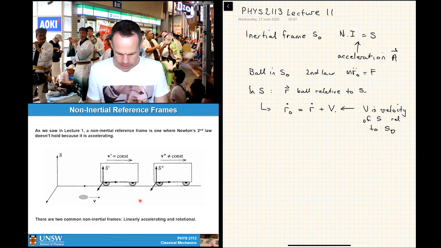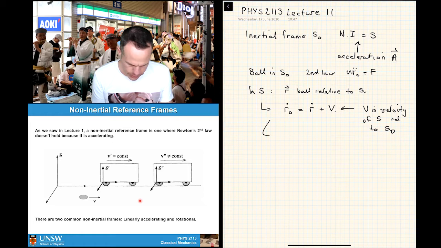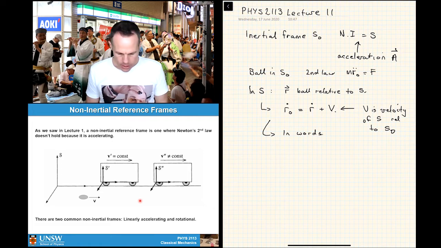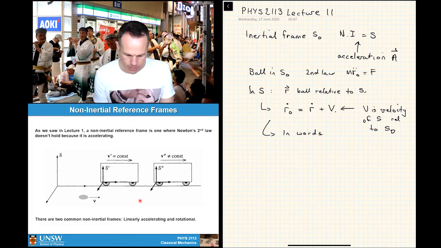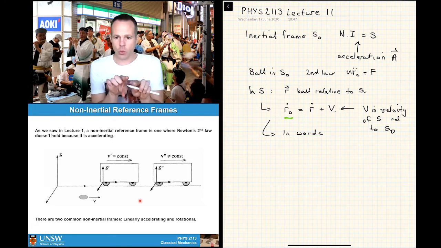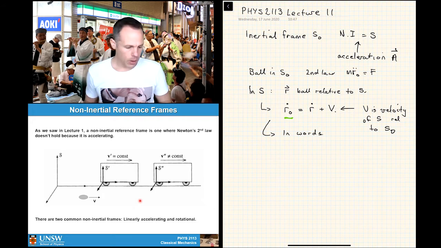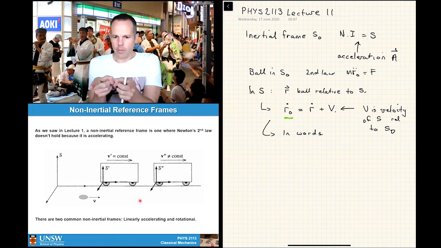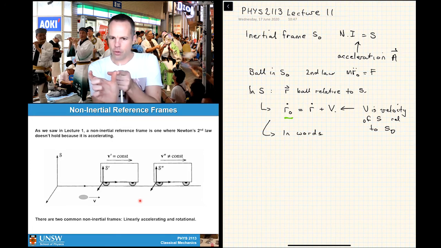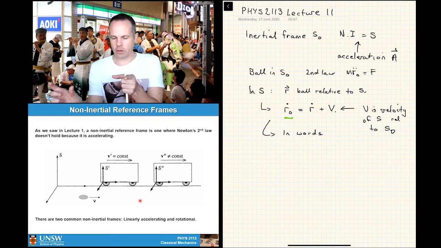So let's think about this in words for a second. And I won't write it down because it'll take ages. If you've got my notes, I've got it written down there. Basically what we're saying here is that the ball's velocity relative to our inertial reference frame will be the velocity of the ball relative to the moving frame plus the velocity of the moving frame relative to the stationary frame, okay?